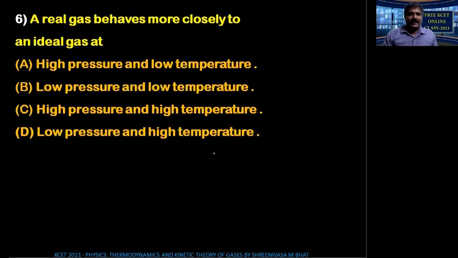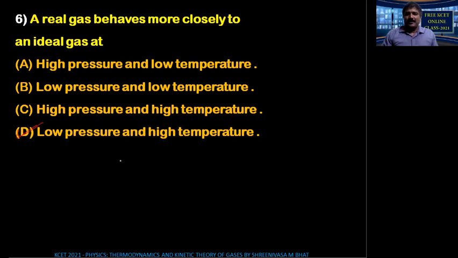Then question number 6: a real gas behaves more closely to an ideal gas at high pressure and low temperature, low pressure and low temperature, high pressure and high temperature, or low pressure and high temperature. Four combinations are given. A real gas is closest to an ideal gas at low pressure and high temperature.